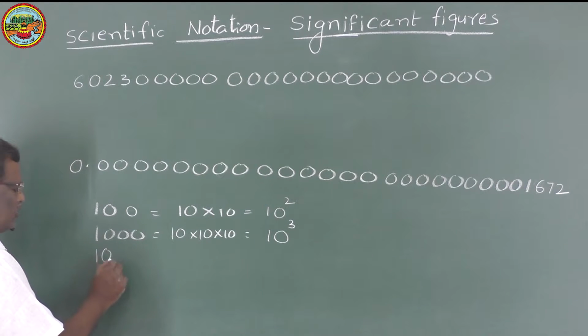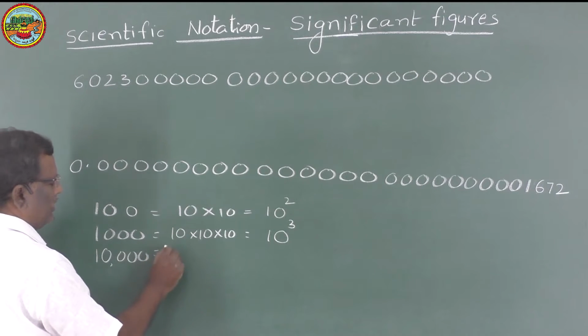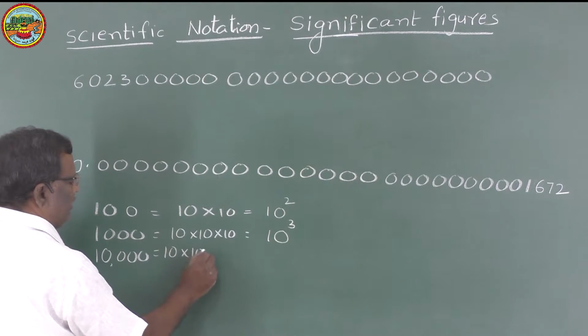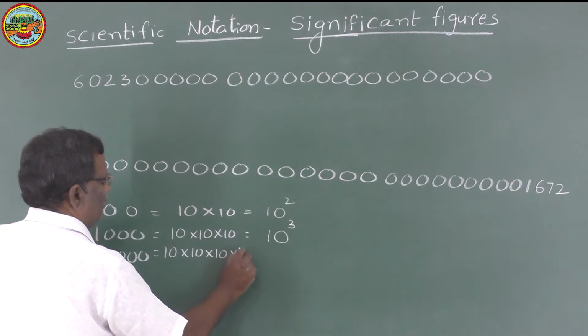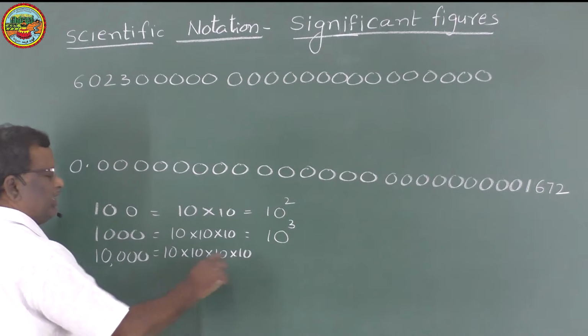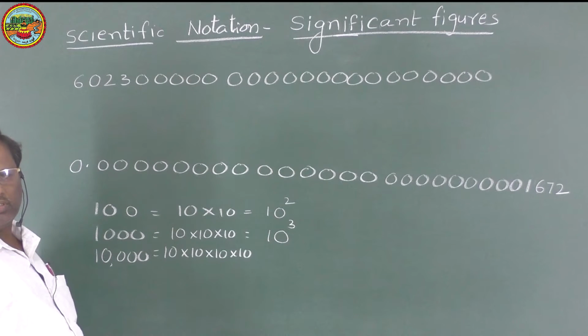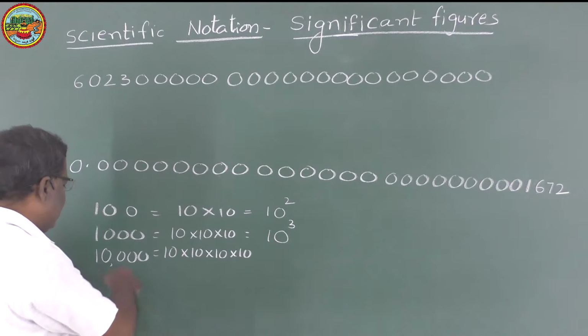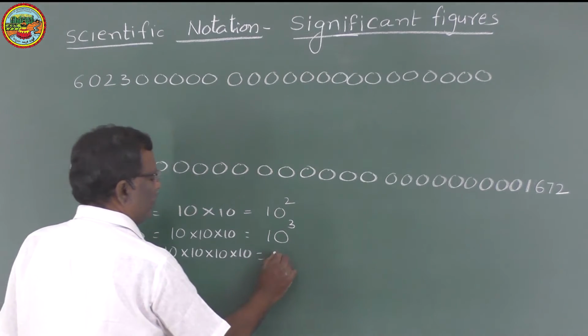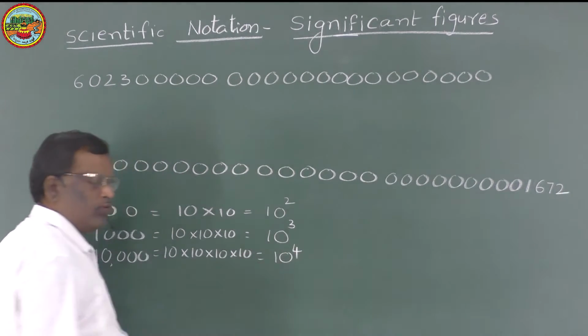If you have 10,000, that means 10 into 10 into 10 into 10, that is 10 multiplied 4 times, you will get 10,000. It will be equal to 10 to the power 4.